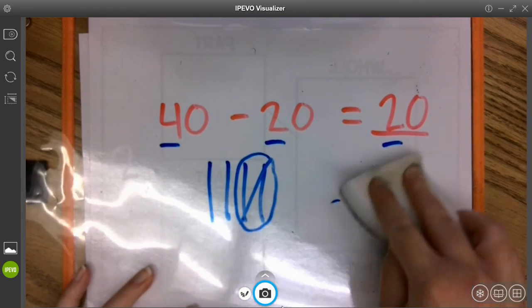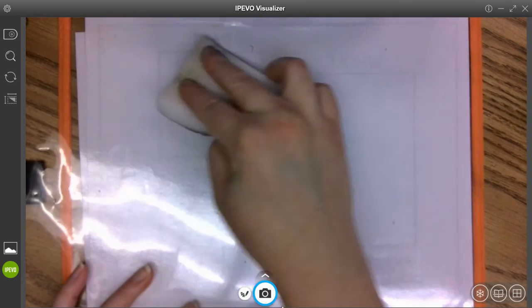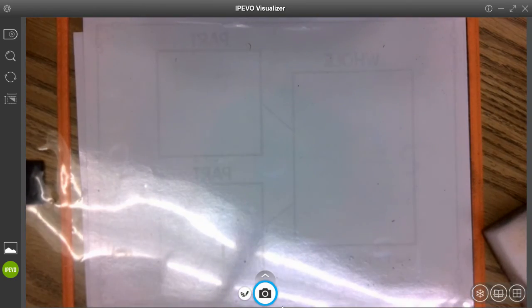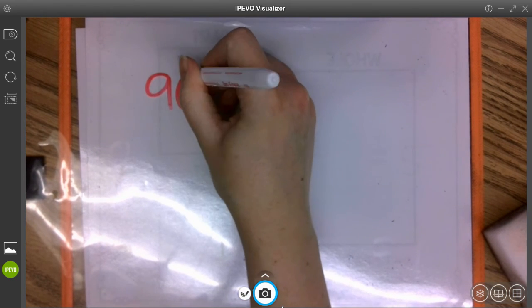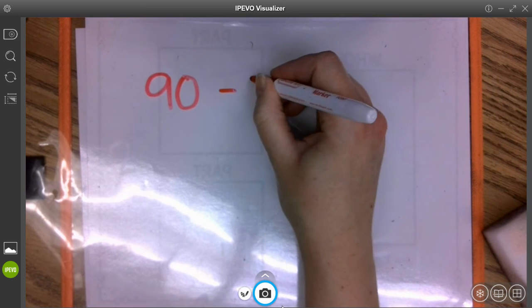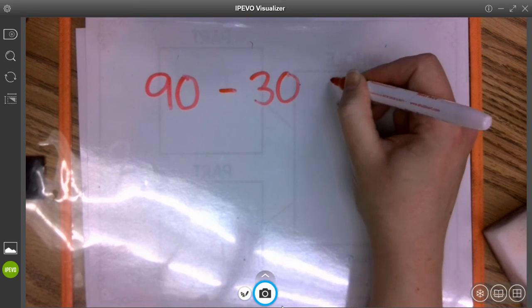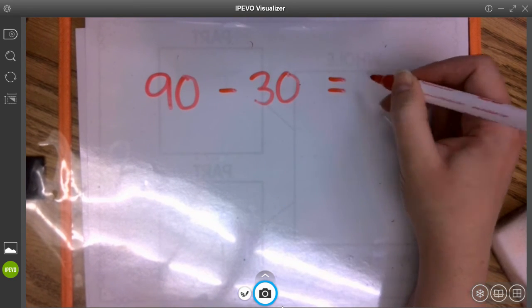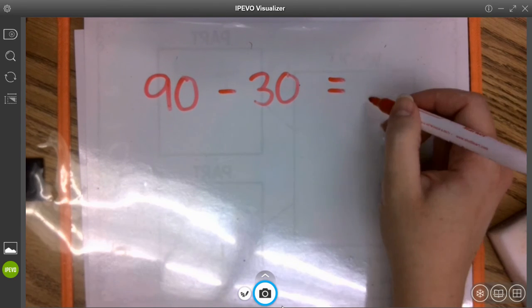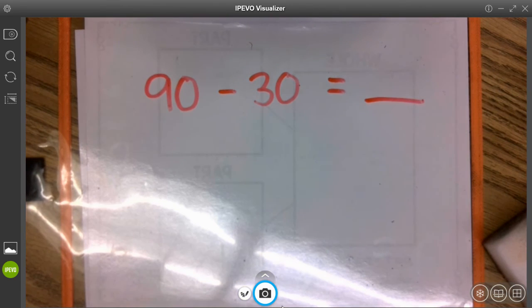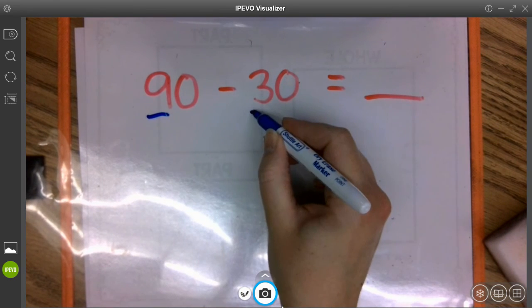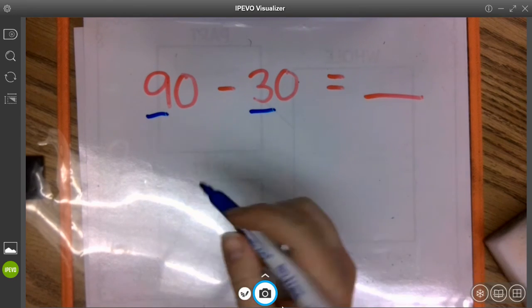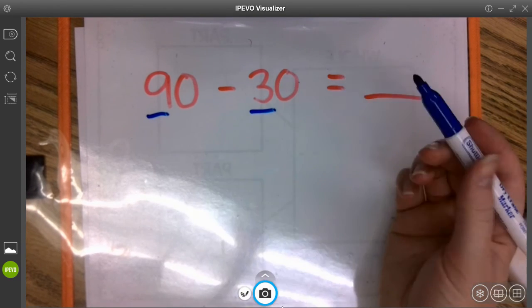Let's do another one. 90 minus 30 equals what? Okay, well, what is the problem that we're really looking at? 9 tens minus 3 tens, right? We have 9 minus 3 that we're looking at.